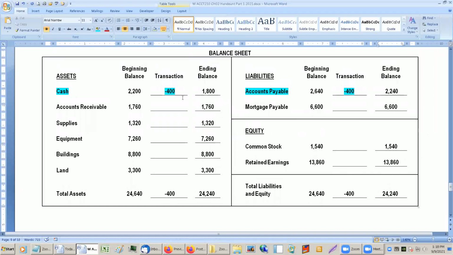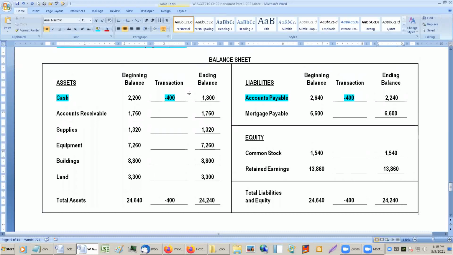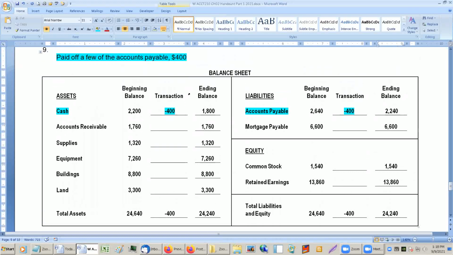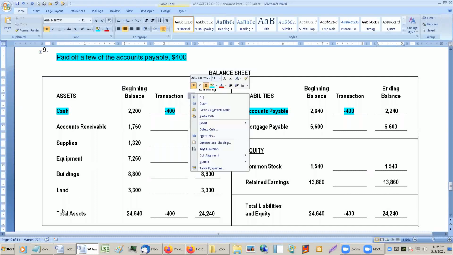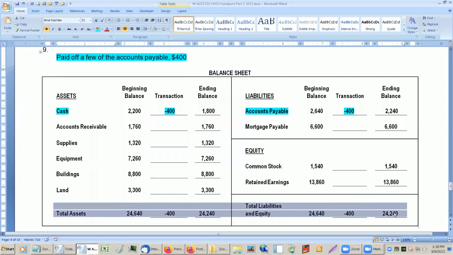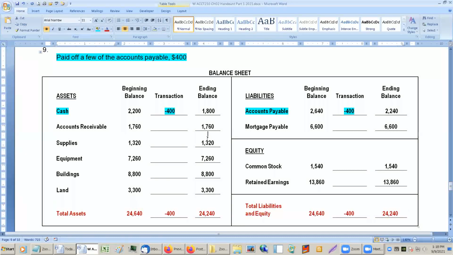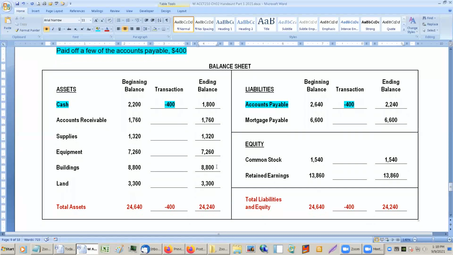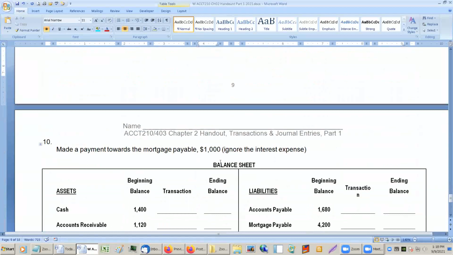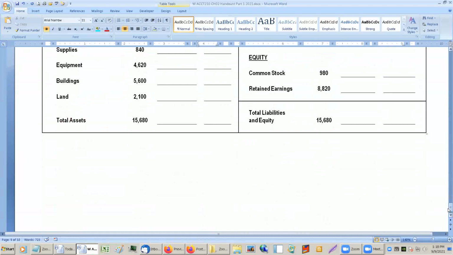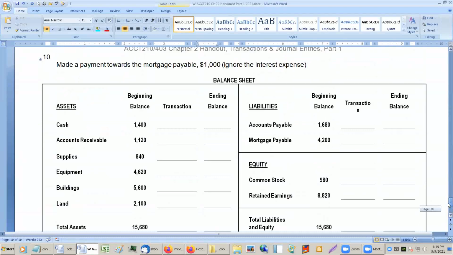That's that one. So both sides are going to go down. This is the last one. Yay, the last one. Okay.